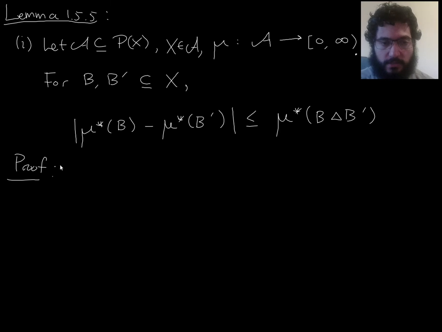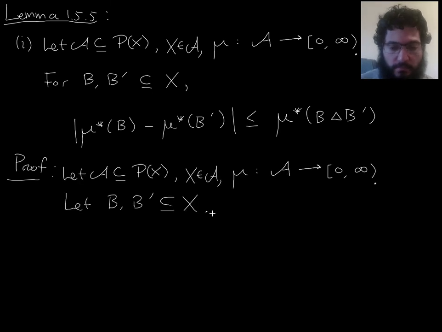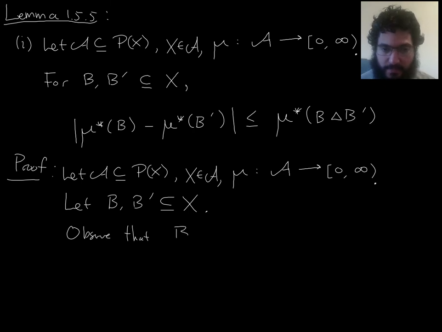Okay, let's start by assuming the hypotheses. So there's all of our hypotheses. And next, observe this easy set theoretic fact that B is contained in this union of B prime with the symmetric difference between B and B prime.